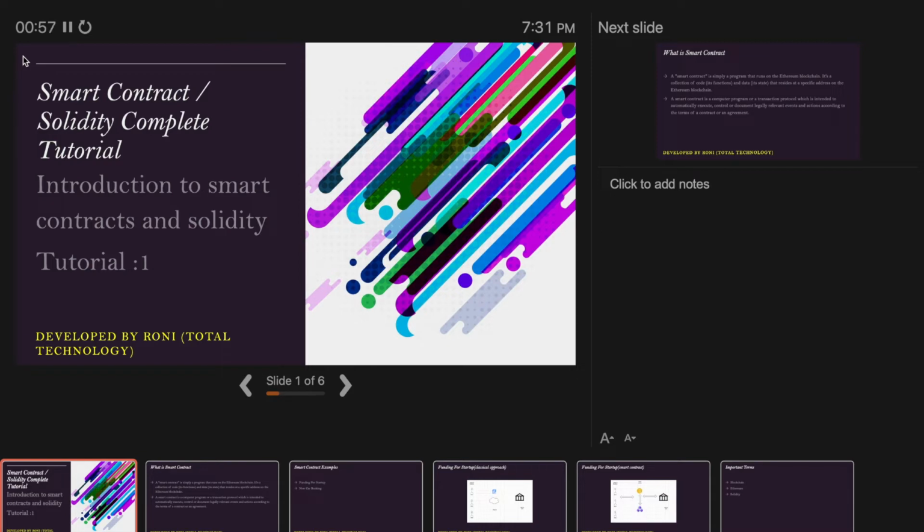Rather, before doing anything on Solidity, I thought it would be good if we can do some kind of background on what a smart contract is, why it is required, what problem a smart contract solves, how this actually came into the picture, and how smart contracts and your blockchain interact, all those different things.